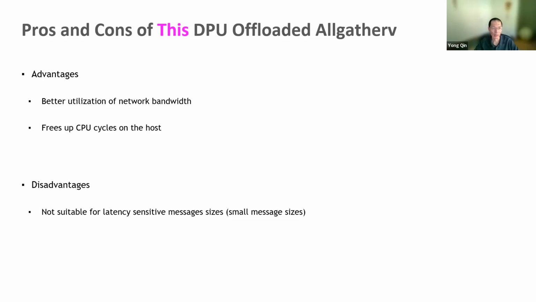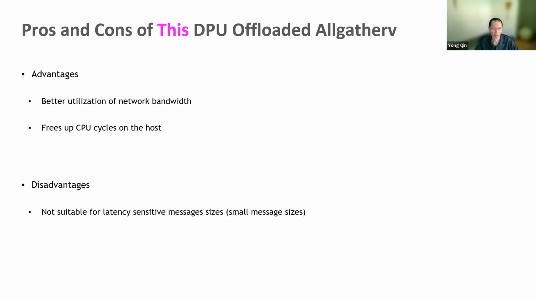And then the higher overlap percentage that you see in the last slide tells us that we can free up CPU cycles on the host side, and we can use those cycles to do more important compute work instead of using them to progress the collective itself.